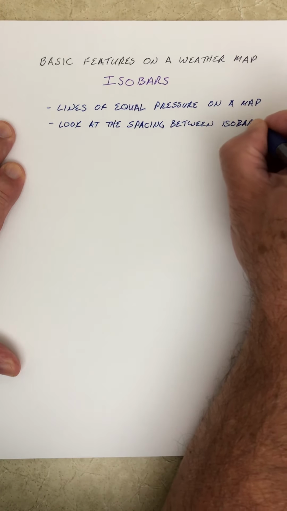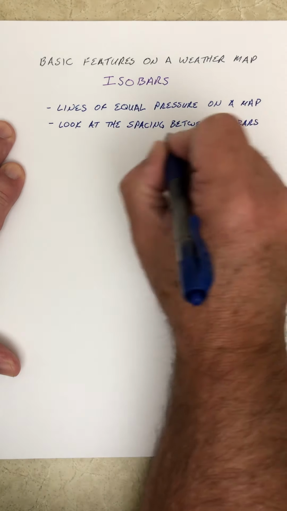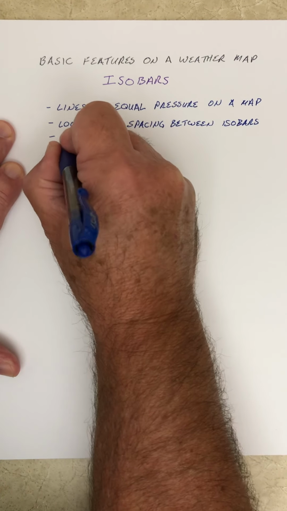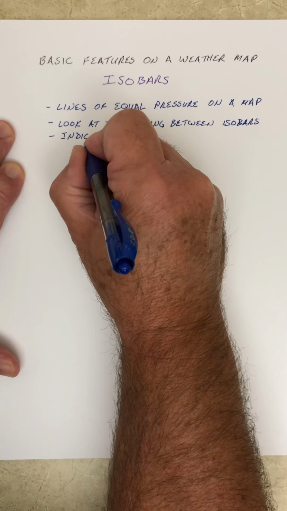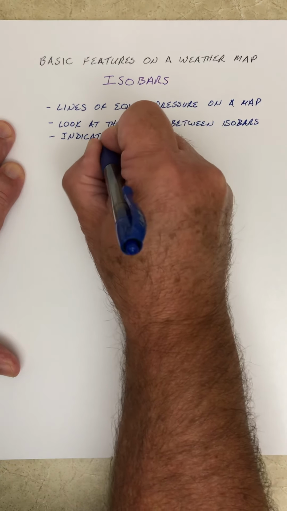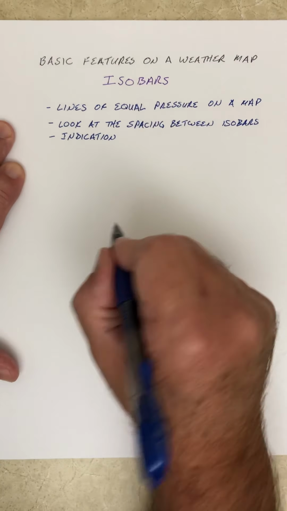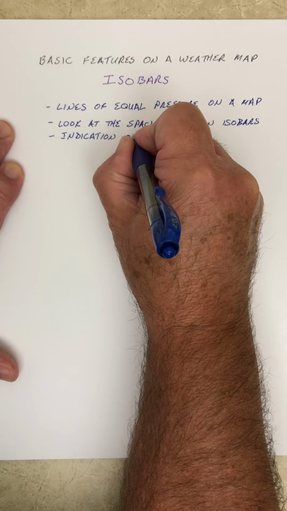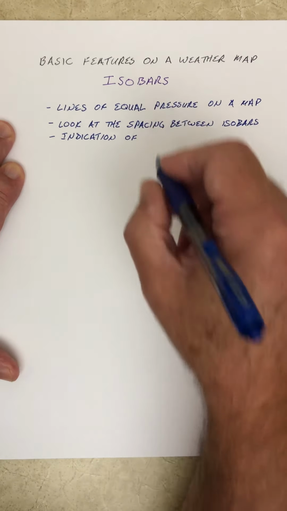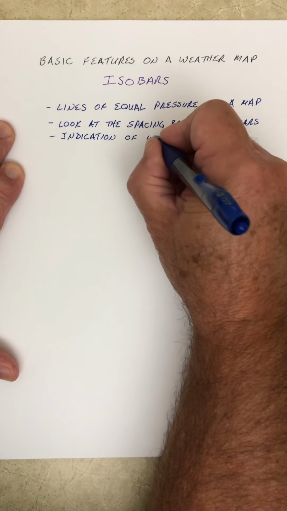The spacing between the isobars will give us an indication of the wind speed that you'll find at locations on a weather map. You can get a good indication of what the wind speed is going to be just by looking at the spacing between the isobars.